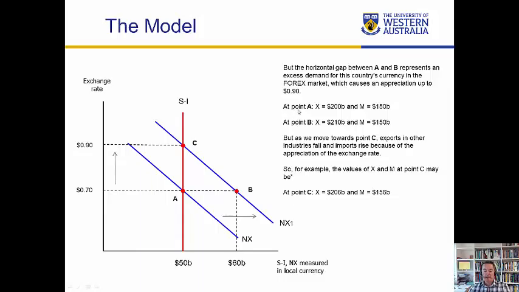What I've got here is highlighted at point A, at point B, and at point C in the text. If you compare the at point A values with the at point C values, you will see that exports have gone up by 6 billion. It's just that imports have gone up by 6 billion as well. So the net effect is that net trade hasn't changed.